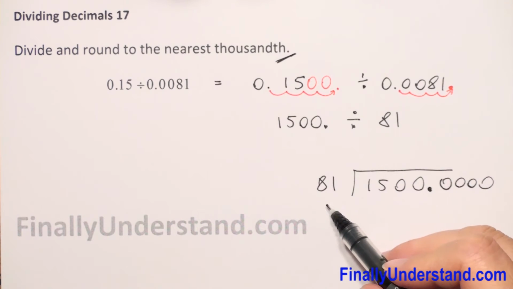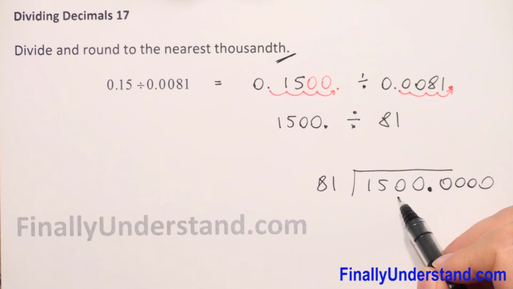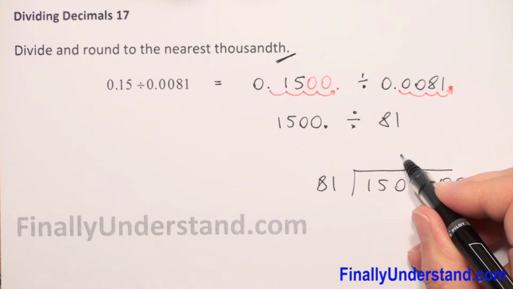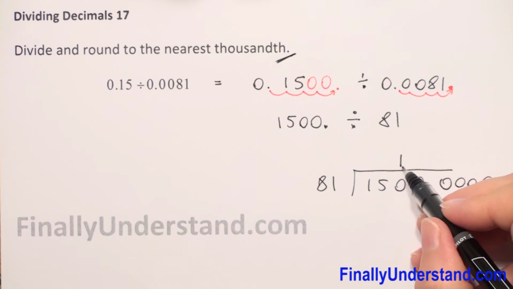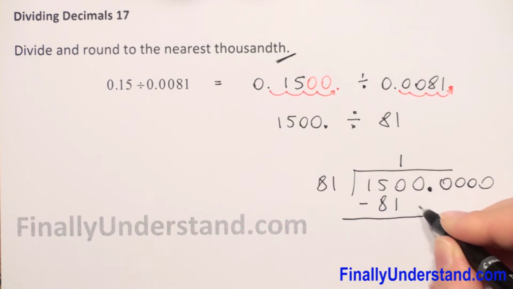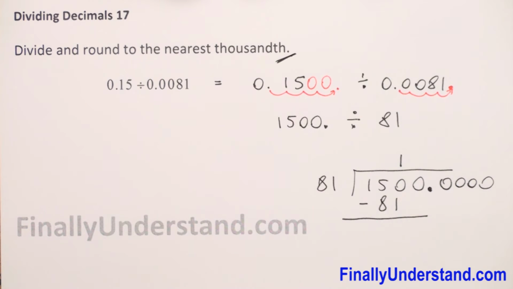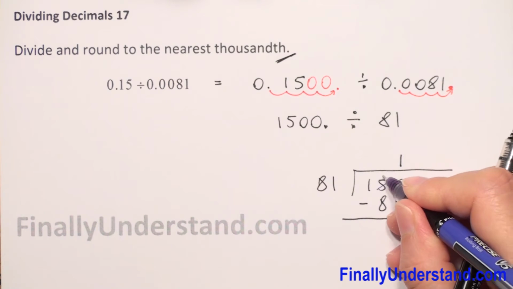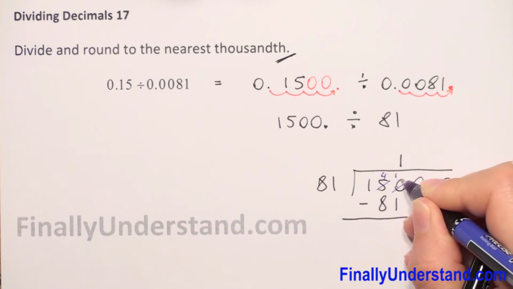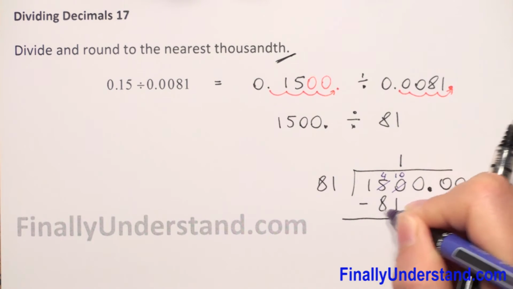So now let's do our division. How many times does 81 go into 150? 1 time. So we have 1, and now 1 times 81, subtraction. We need to borrow 1 from 5 because we need to have a greater number on the top than on the bottom.